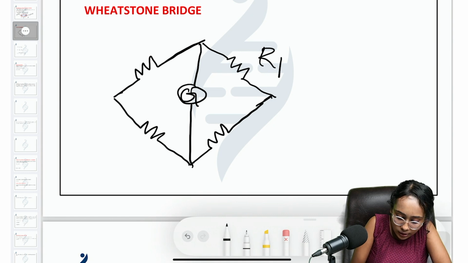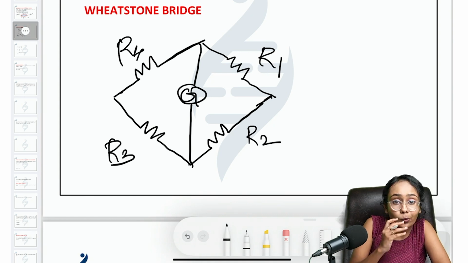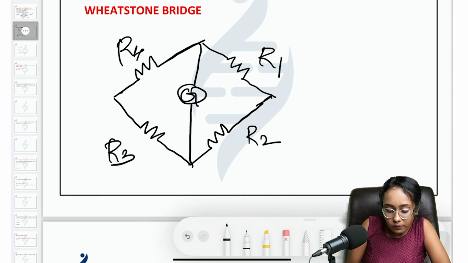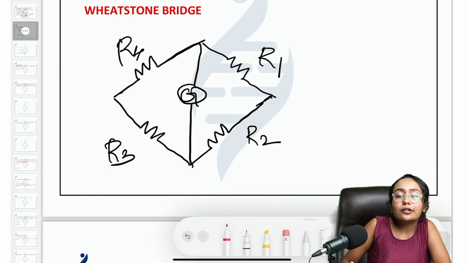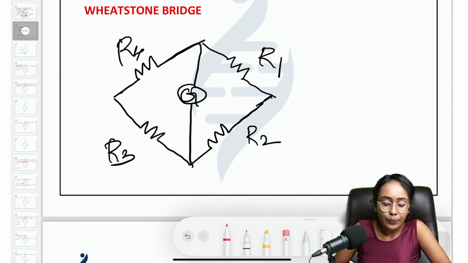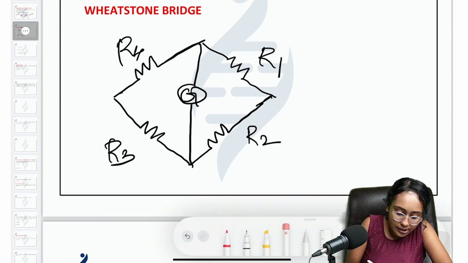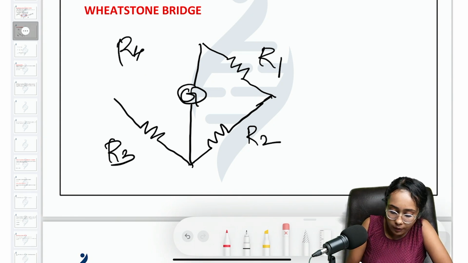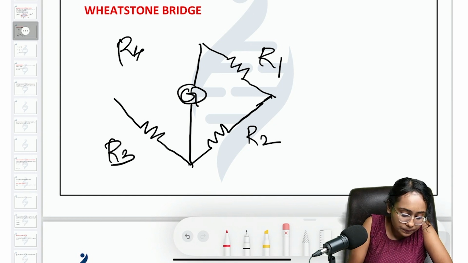This is R1, this is R2, this is R3 and this is R4. This is a Wheatstone bridge setup. To find the resistance of an ionic solution used in the conductivity cell, we erase this R4 from here and replace it with the conductivity cell.